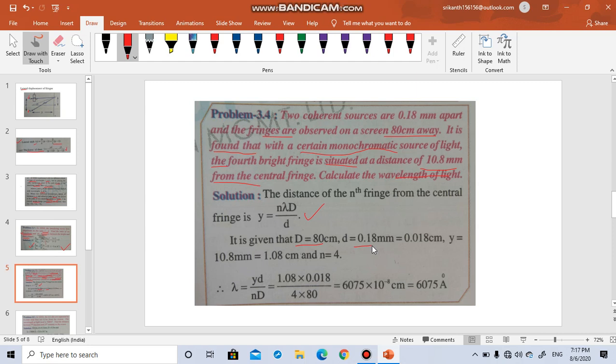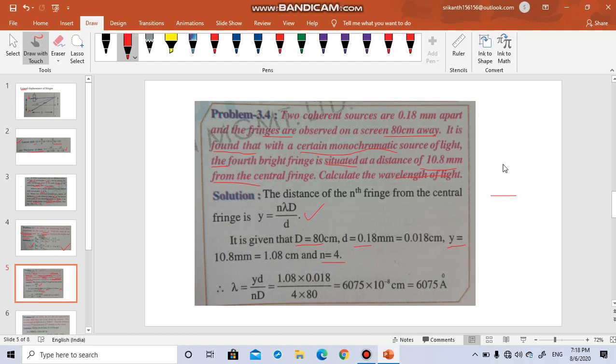He has given that it is the fourth bright fringe, so n is equal to 4. When you work it out, you will get the value of y. And the y value is actually given, as 10.8 from the central fringe.